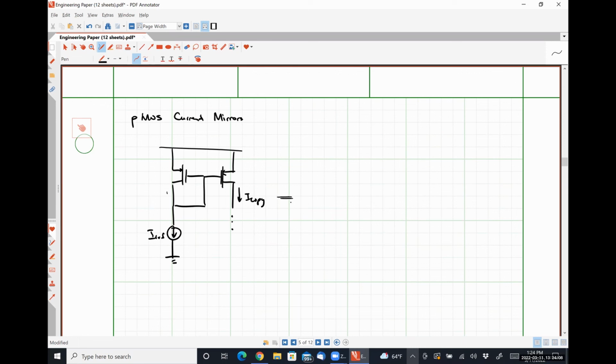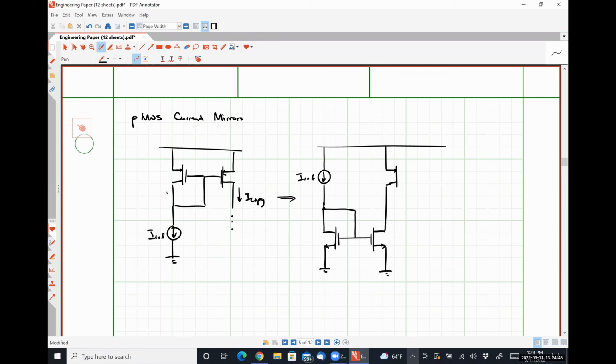So a more practical configuration would look something like this.